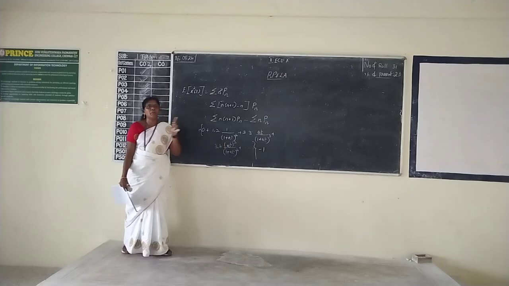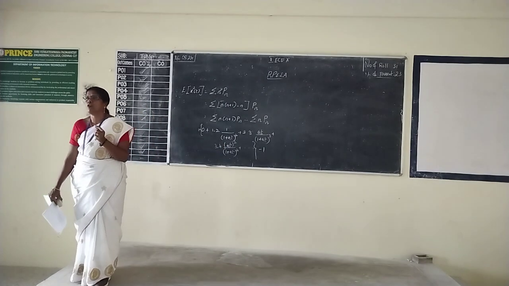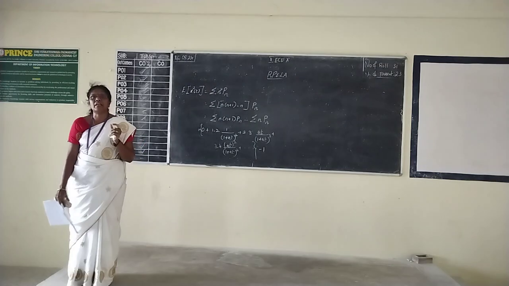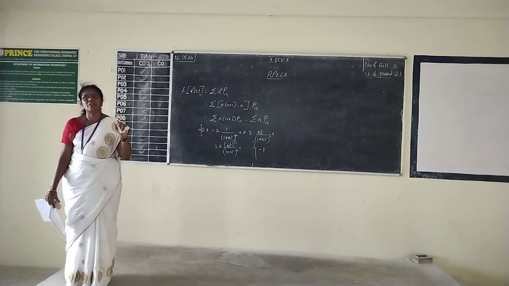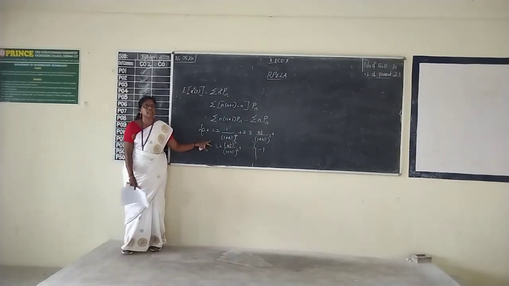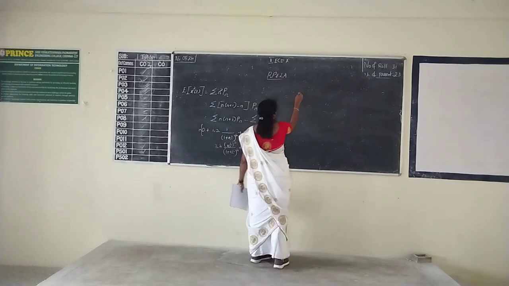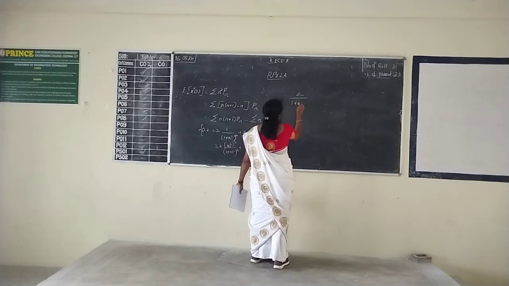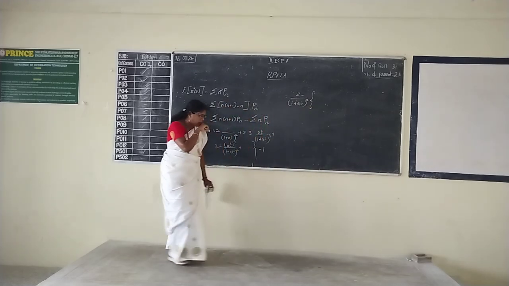If we want to compare with the binomial expansion, the first term always has to be the constant 1. If there is some other number, we cannot compare at all. This binomial expansion starts with only 1. So you take 2 also outside as a common term: 2 by 1 plus at the whole square is common.